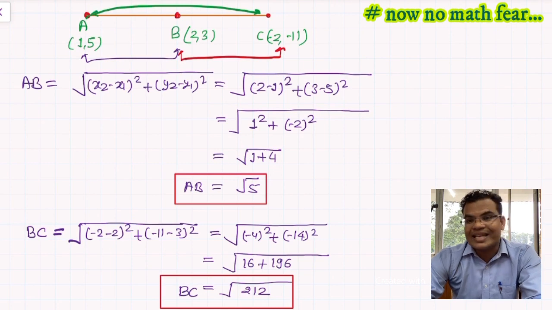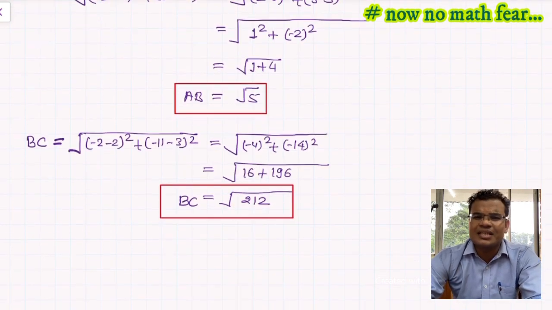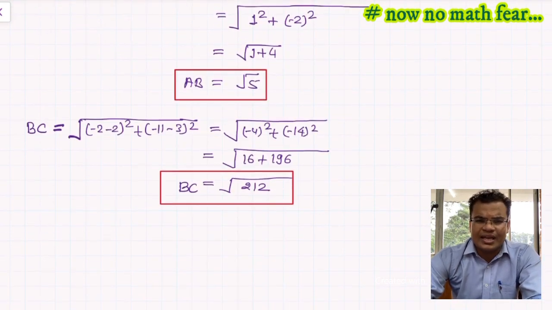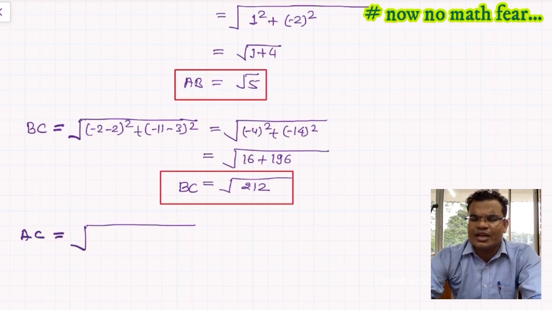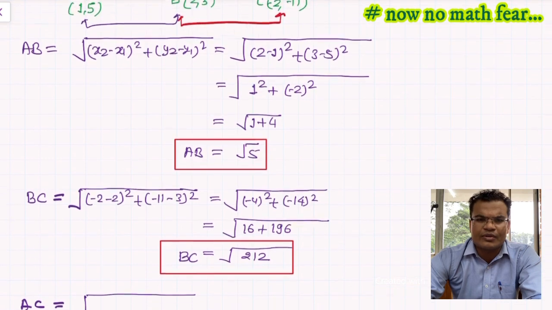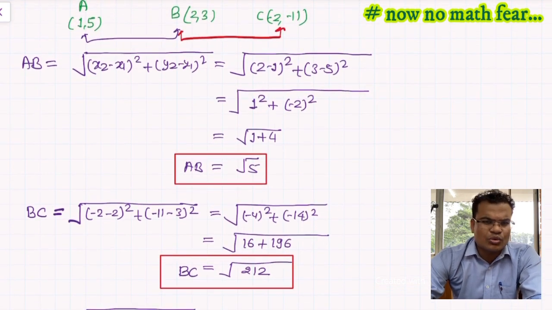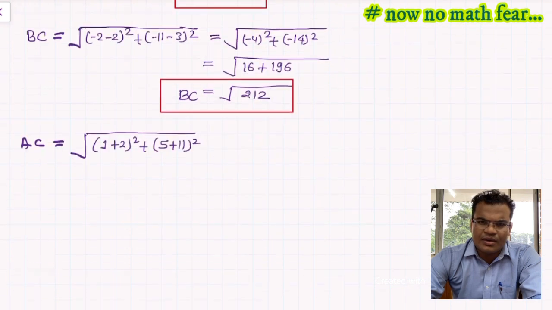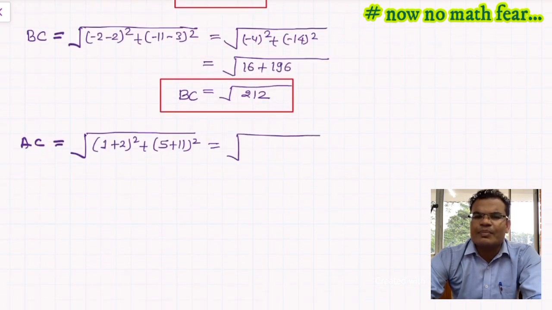The last one is AC or CA, both are the same. So I'll go for AC. AC again by the distance formula, (x2 minus x1) whole square plus (y2 minus y1) whole square. x2 is minus 2, x1 is 1, y2 is minus 11 and y1 is 5. So I'll put direct values here. You can see my screen: minus 2 minus 1, that is minus 3, and minus 11 minus 5, that is minus 16 whole square.